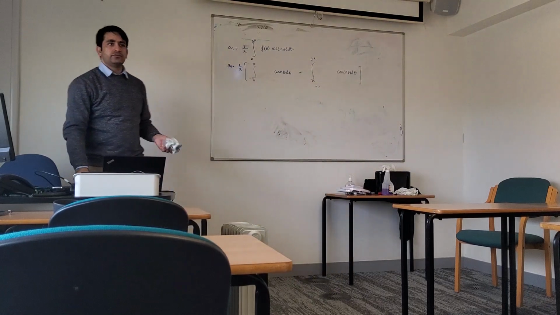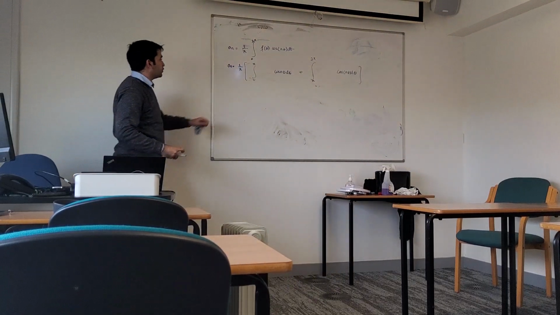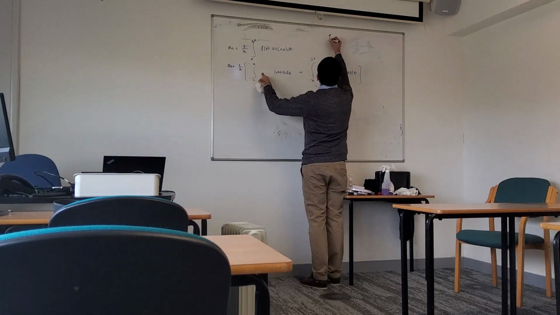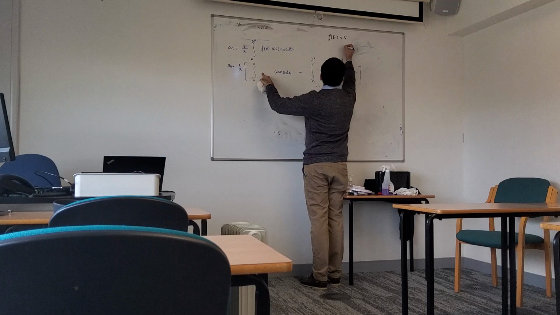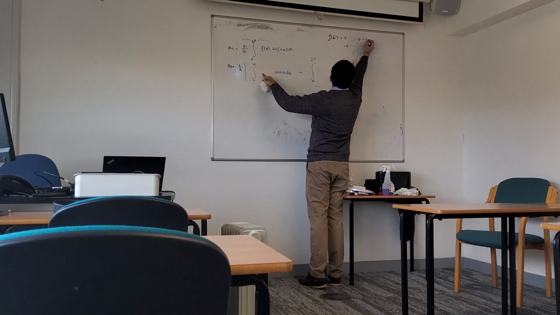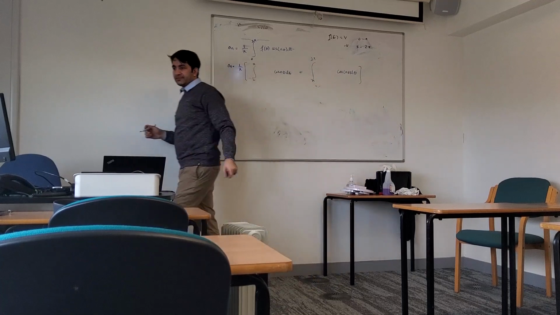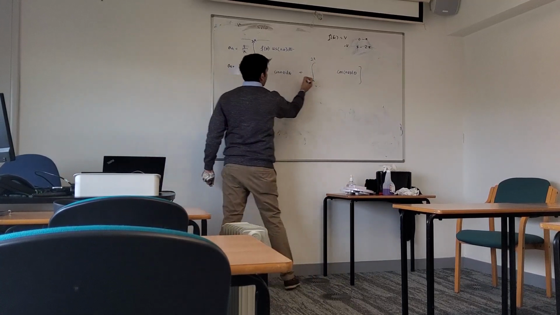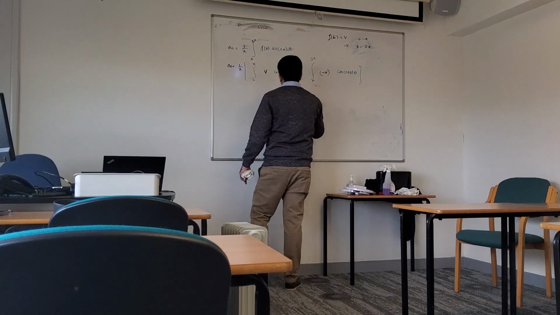I've just written the formula. Now I'm going to put in the value of the function, and we know that f of theta is v and minus v, for 0 to pi and pi to 2 pi, right? This we already know from the first step. So here we can put v, and here we can put minus v.